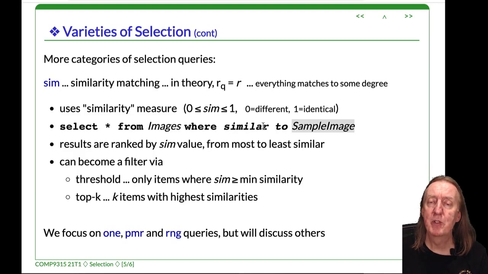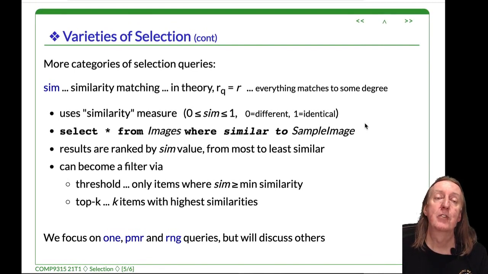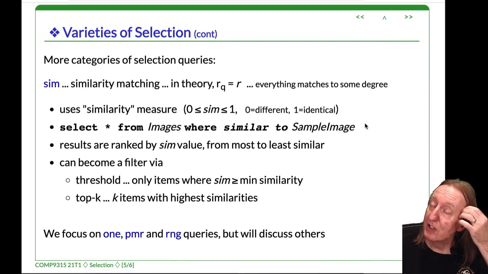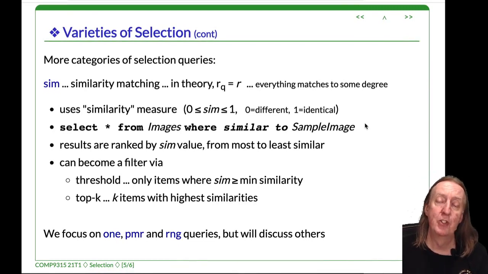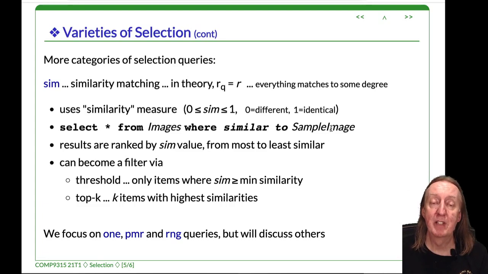You can see examples of this kind of thing if you do Google image search. It tries to find similar images. However, it does it by looking at the words around the image, so it's actually text-based rather than comparing image against image directly.